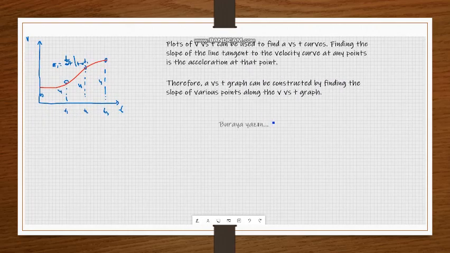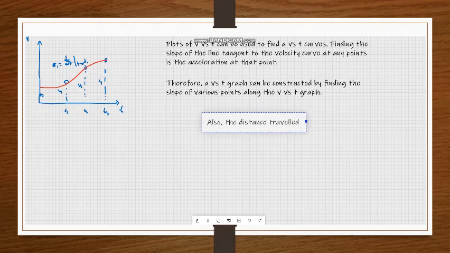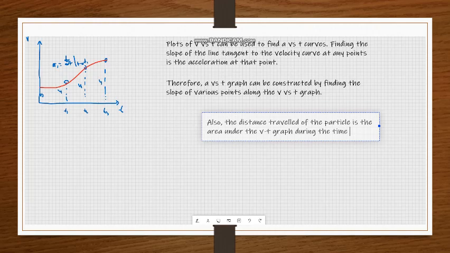What else? Also, the distance traveled of the particle is the area under the velocity and time graph during the time difference, which is delta t, right?